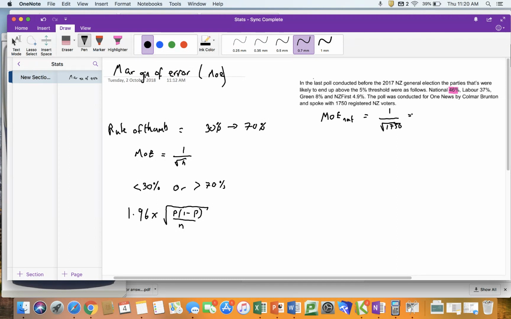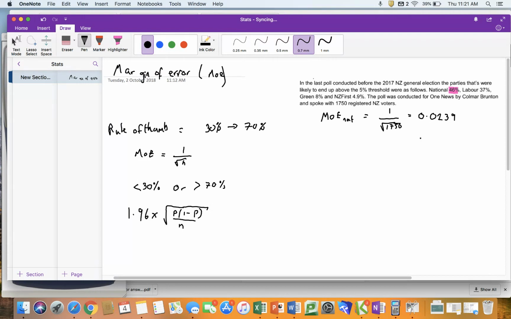Now that as a decimal is going to give me 0.0239. We generally want margins of error to be written as percentages, and to convert a decimal to a percentage, we just multiply by 100.